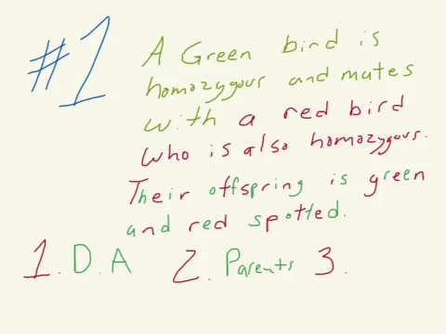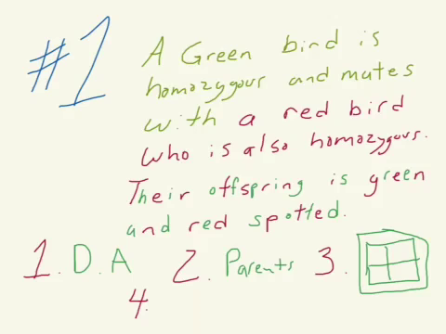3, show me the cross. And the last thing that I want you to do is take one of these offspring that we just talked about. The green bird and the red bird have their offspring, which you're going to show me right here. But I want you to take one of the options that you get from this, the spotted red and green birds.